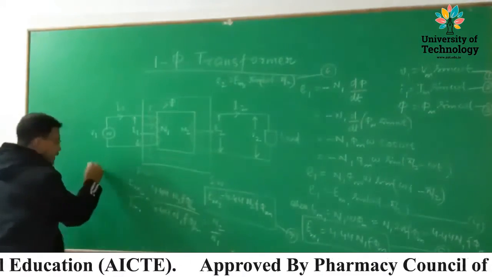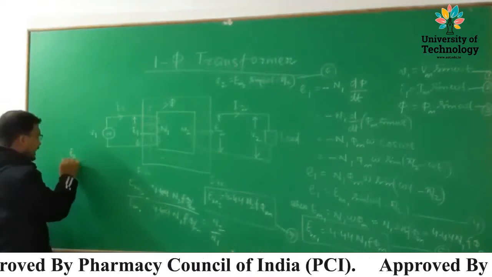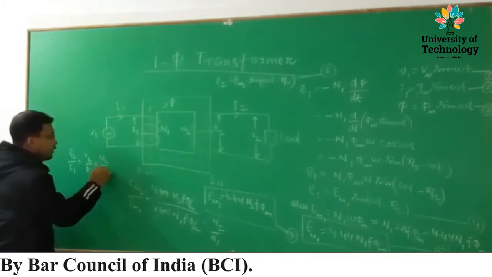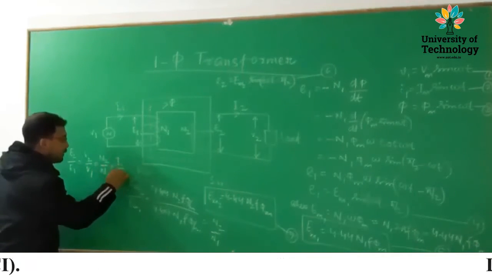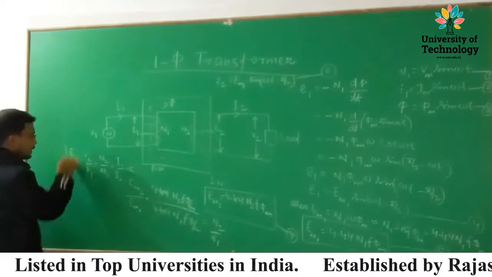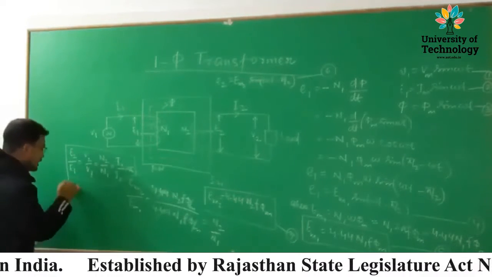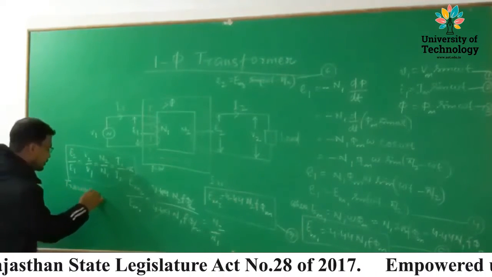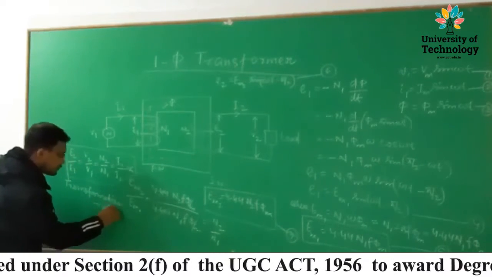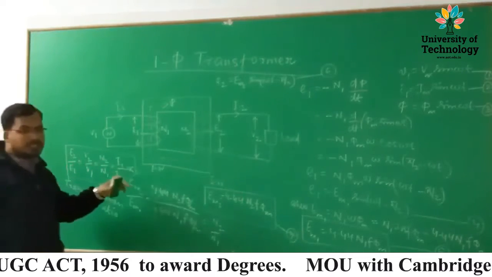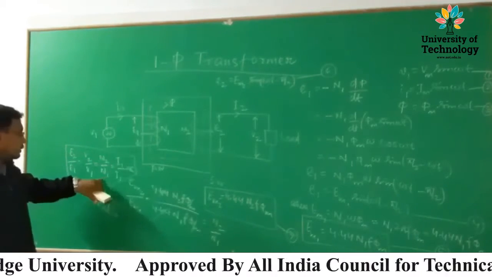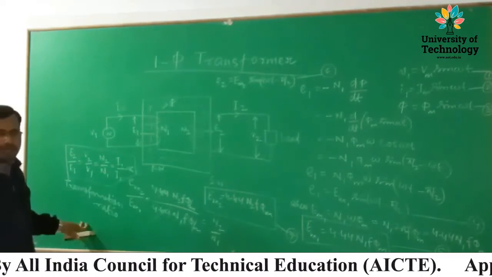So we can also write that E2 by E1 is equal to V2 by V1 is equal to N2 by N1 is equal to I1 by I2 is equal to K. This K is known as the transformation ratio, which is E2 by E1 is equal to V2 by V1 is equal to N2 by N1 is equal to I1 by I2.